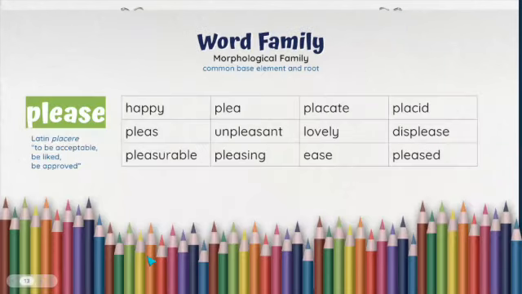If we look at the word please, P-L-E-A-S-E, as a base, and we look at this collection of 12 words in the chart, we could start by asking ourselves which of these words are connected to the word family please, which means they're going to share a base of please in some way, and they're also going to share this root, which happens to be Latin in nature.